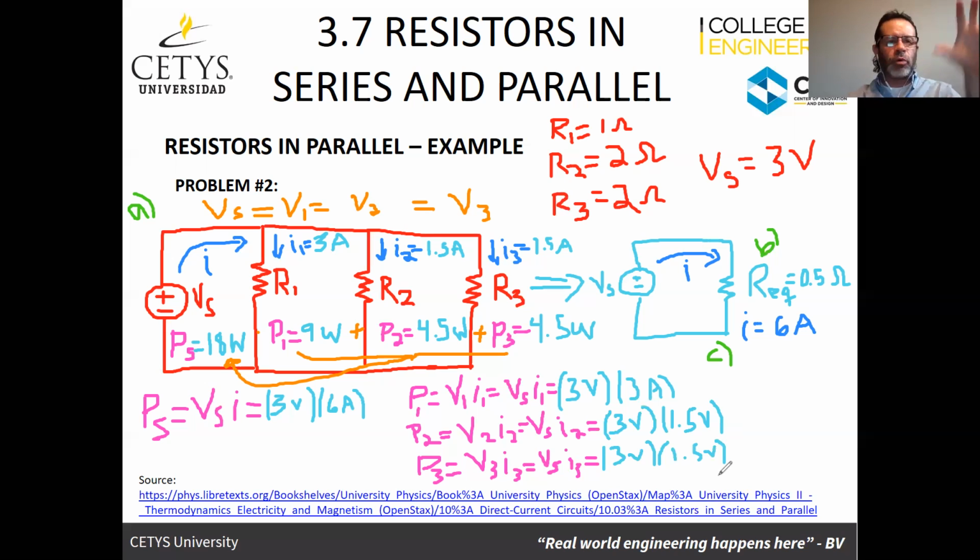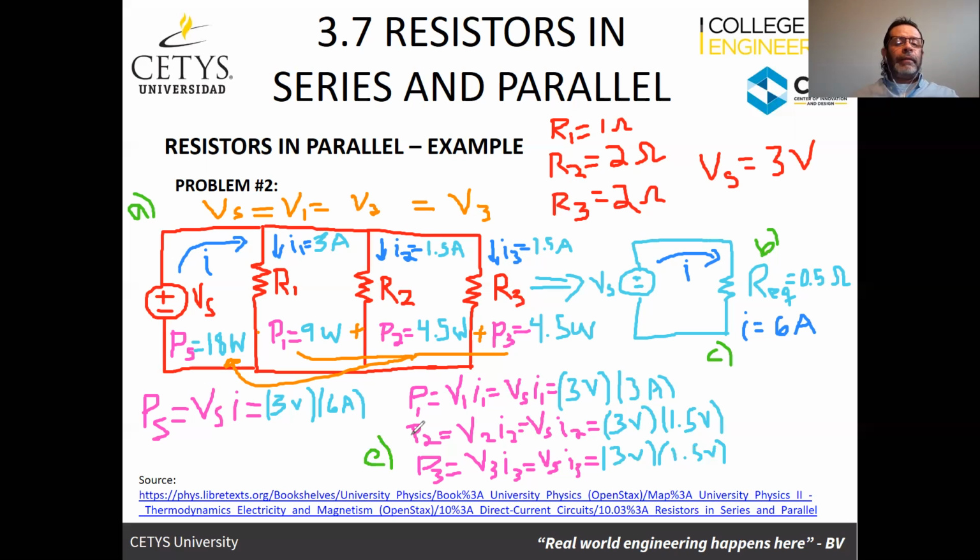Okay, and so the total power, remember, the difference between the power supply or the EMF and the resistors is that the power supply is providing the power, and the resistors are absorbing that power.